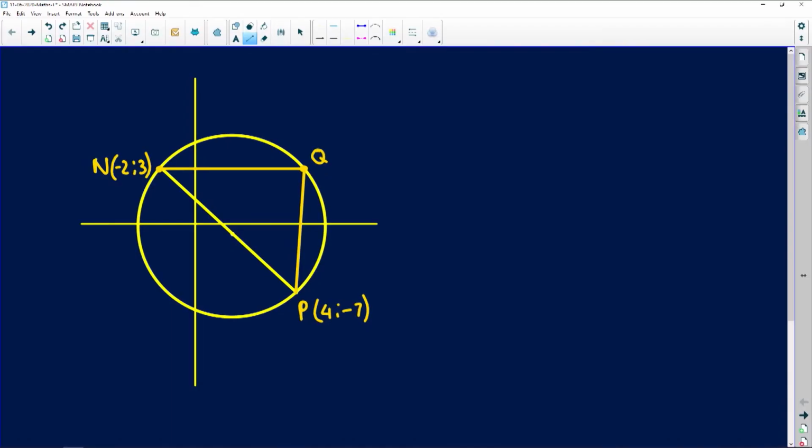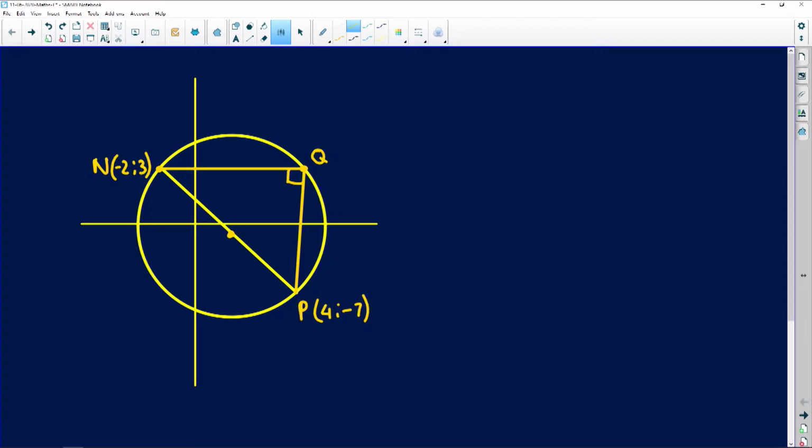On the screen, we have a circle given to us. The center of the circle is given to us as this point over here. So that's quite nice that we have that information, because immediately we can now say that the angle here will be 90 degrees, because the line segment NP is not just any chord of the circle, it is a chord that passes through the center of the circle.